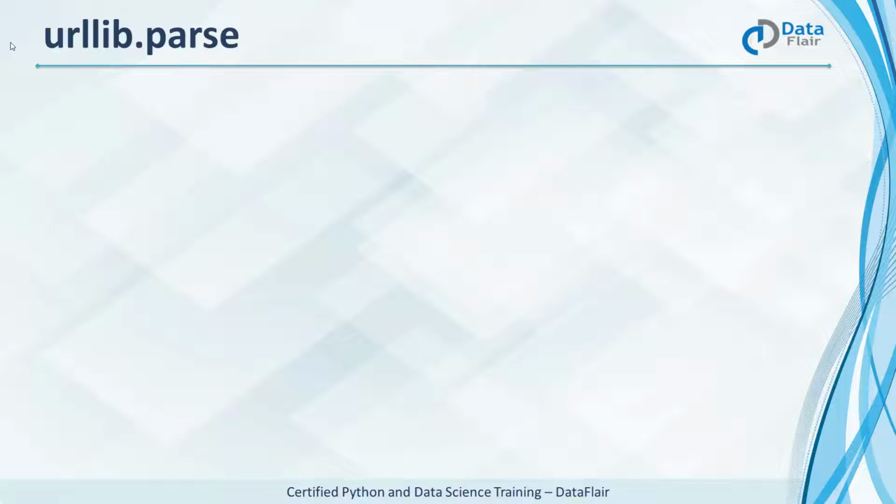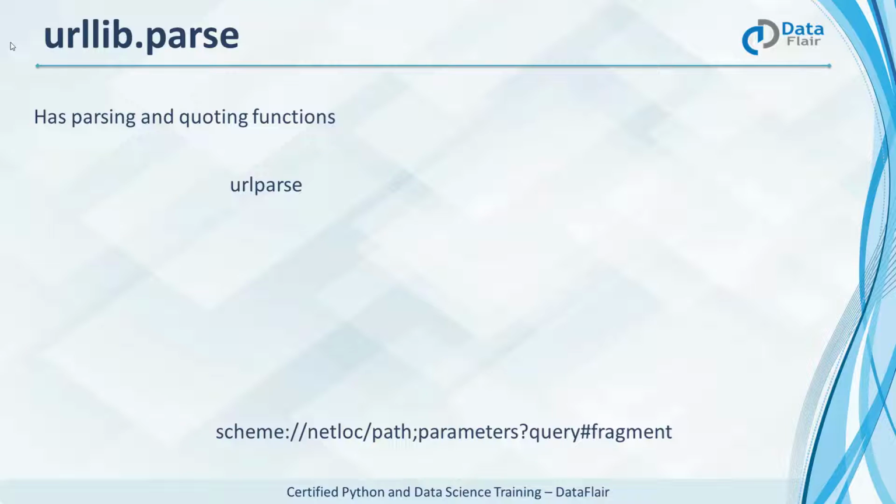The parse module breaks URLs into components and joins them back. It also helps convert a relative URL into an absolute URL, but mainly it has two kinds of functions: parsing and quoting functions. urlparse parses a URL to extract 6 components for a named tuple: scheme, netloc, path, parameters, query, and the fragment.